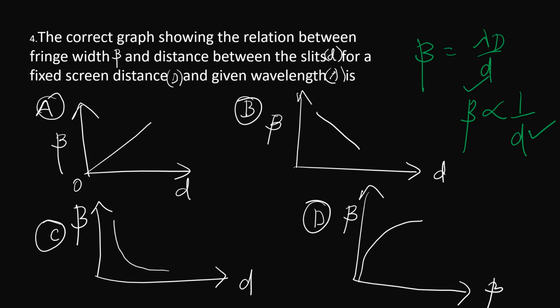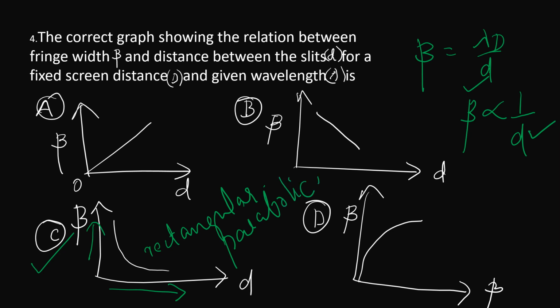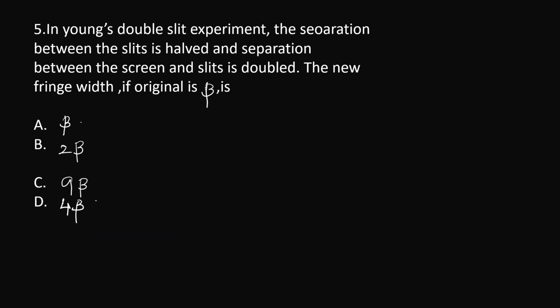In all these ABCD graphs, C is the correct one. As d increases, beta value decreases. So C is the correct option and we call it a rectangular parabola. So correct option is C.